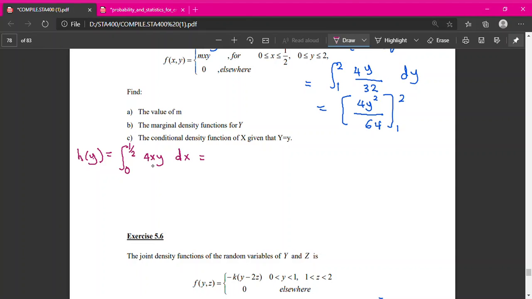Okay, integrate terhadap x. So integrate this function terhadap x, you will get 4x square y divide dengan 2, 0 and half. So replacekan x with half and 0.